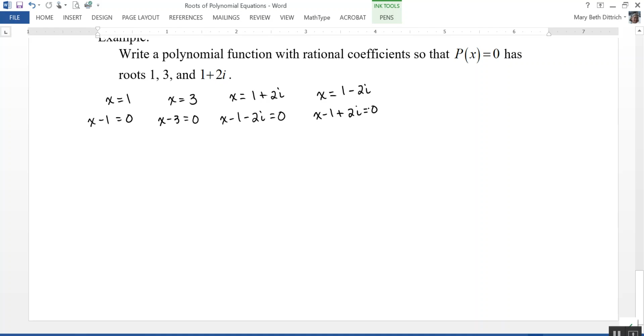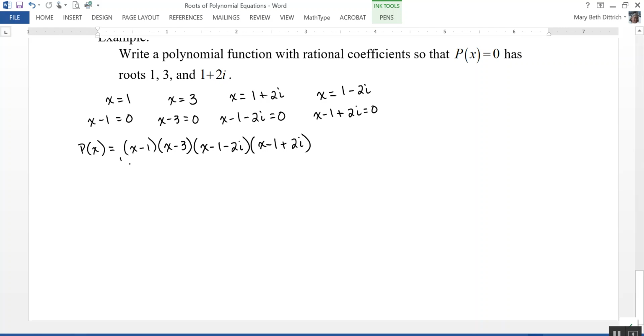So my polynomial, p of x, is going to equal x minus 1 times x minus 3 times x minus 1 minus 2i times x minus 1 plus 2i. Okay, so there it is in factored form, but I need to write it in standard form with rational coefficients, so that means I have a lot of multiplying to do.